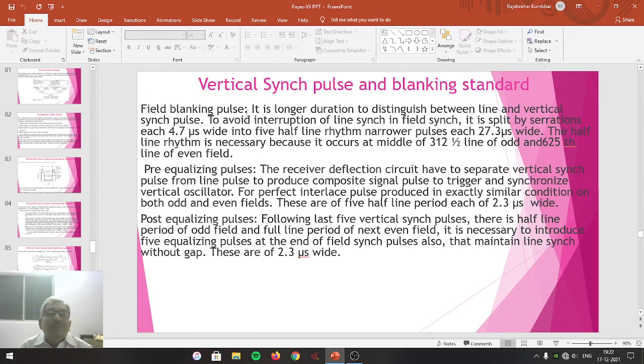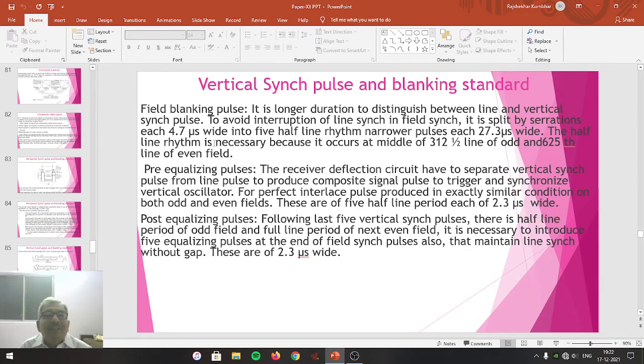The field blanking pulse is of a longer duration to distinguish between line and vertical sync pulse. To avoid interruption of line sync in a field sync, it is split by serration, each of 4.7 microsecond wide, into 5 half-line rhythm narrower pulses, each of 27.3 microsecond wide.